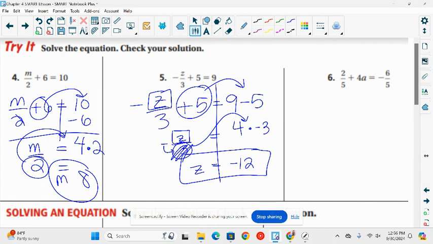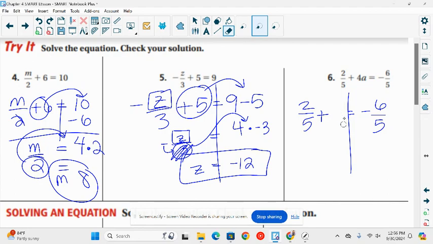Okay. Number 6. We had 2/5 plus 4a equals negative 6/5. Ooh, what am I doing? It's not 4 over a. 4a. Okay. Whew. What do we move first?